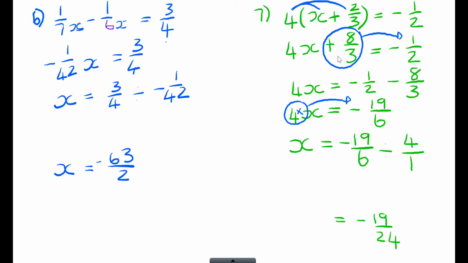Normal numbers on the right, which means that this has got to move over, so that then becomes minus 8 over 3. Now minus a half minus 8 over 3 is going to give me minus 19 over 6. Now I can get rid of the coefficient, so if I take that over, it becomes divided by 4. So your final answer will then be minus 19 over 24.